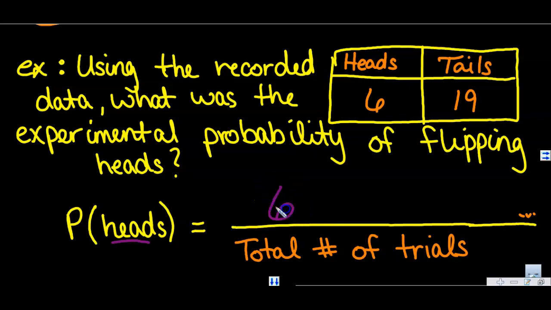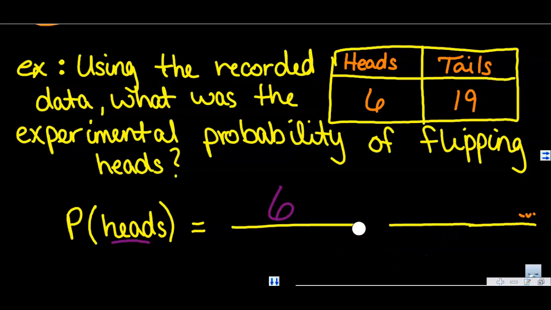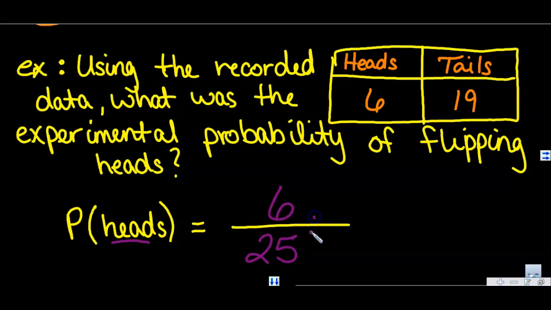So 6 versus the total number of times we tried. Taking a look at the table, we've got heads 6 times and tails 19, which gives us a total of 25 times. Probability can be represented as a fraction or a percentage. So to change this into a percent, we need to realize that a fraction is a division problem, and percent means out of 100.